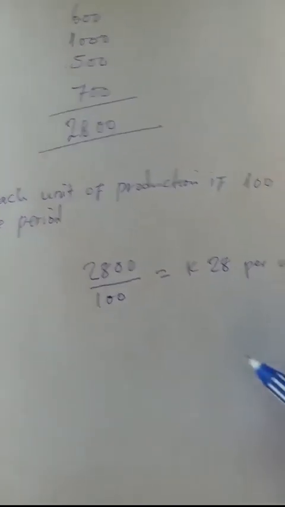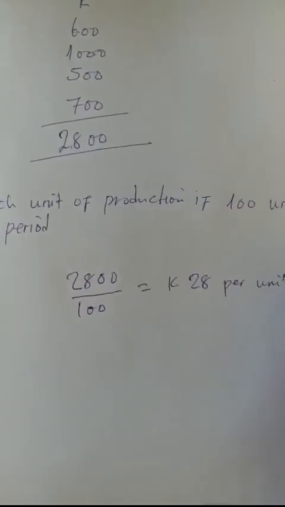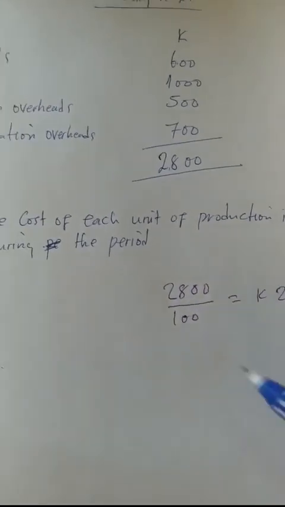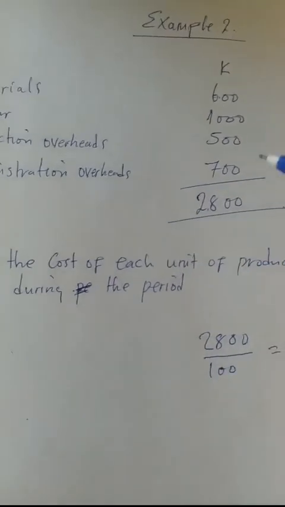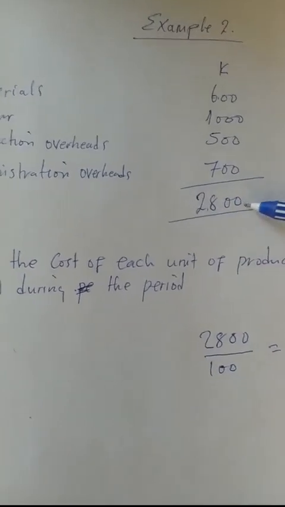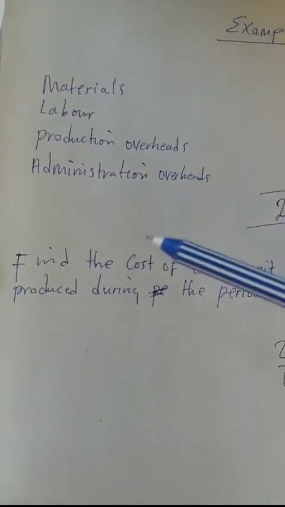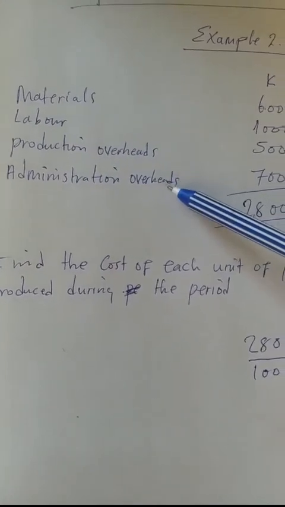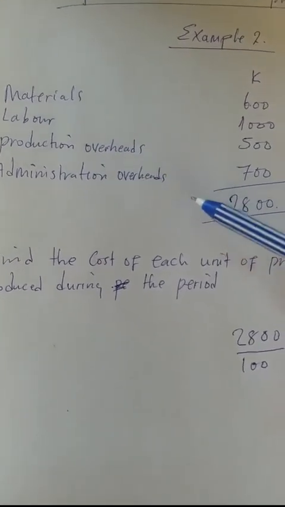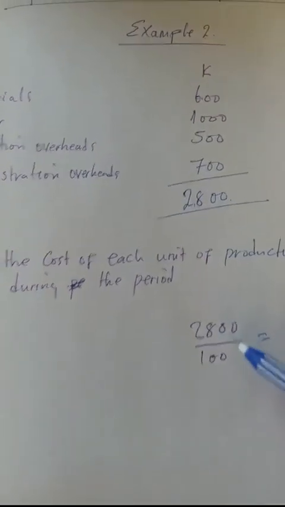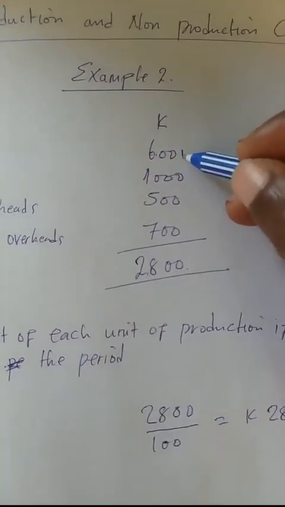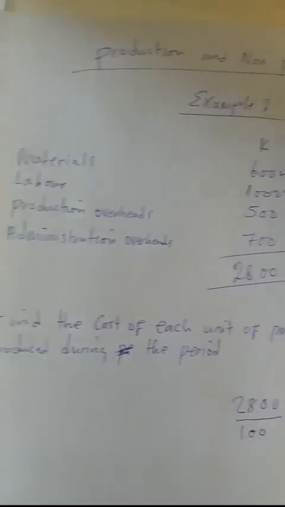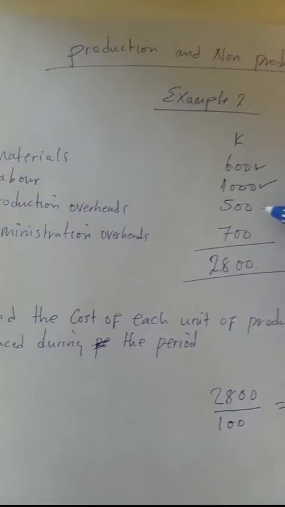Okay, per unit. But this will be wrong. Why? Because you've taken the total amount of the costs inclusive of the non-production costs, which is the administration overheads. You want to find the cost per unit. So the best way is to add only the materials, direct labor and the production overheads.